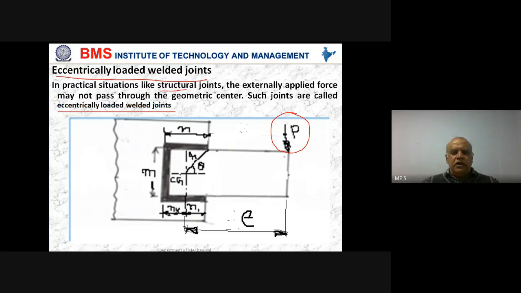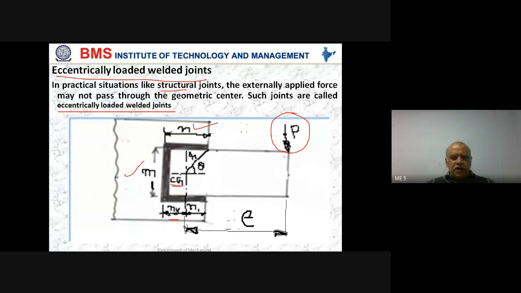So this is how an eccentrically loaded welded joint looks like. Load is acting in transverse direction, and this is the CG. This distance is called N. This distance is taken to be M, and whatever you see here is the location of center of gravity. This is the center of gravity of the weld.